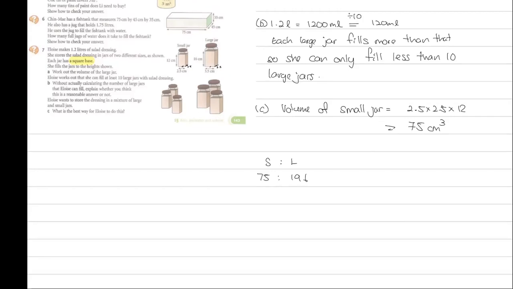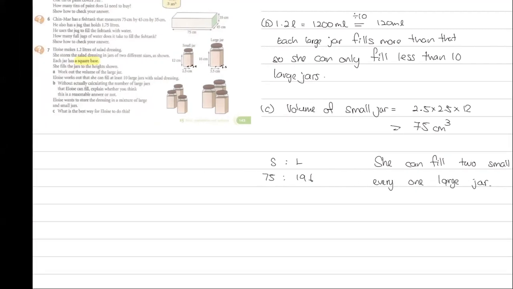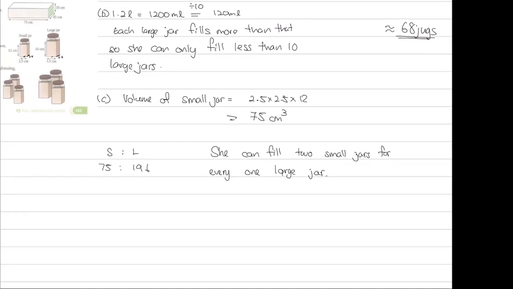She can fill 2 small jars for every 1 large jar, so to speak. Okay, because the comparison is about 1:2. If we estimate it, 1:2 point something. So we can actually just say that for every 1 large jar, she can fill 2 small jars.